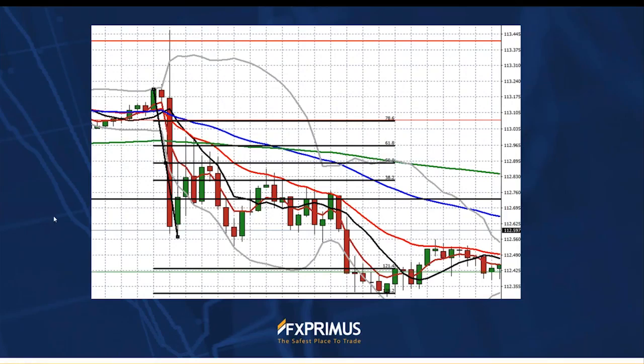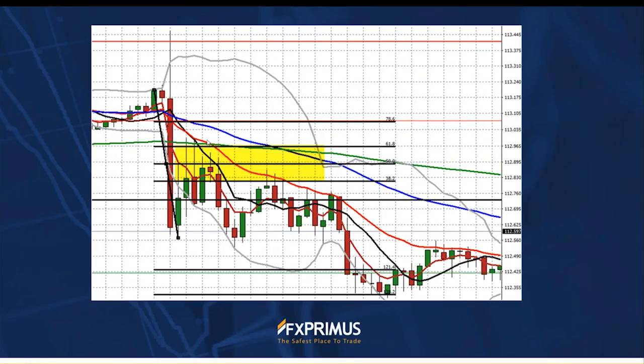Then a pullback. This black line here is the Fibonacci zone: you've got the 382, 50%, 618. So a pullback into the Fibonacci zone, and then an extension down, down, down. A pullback into this yellow area, which is the 382 to 618.